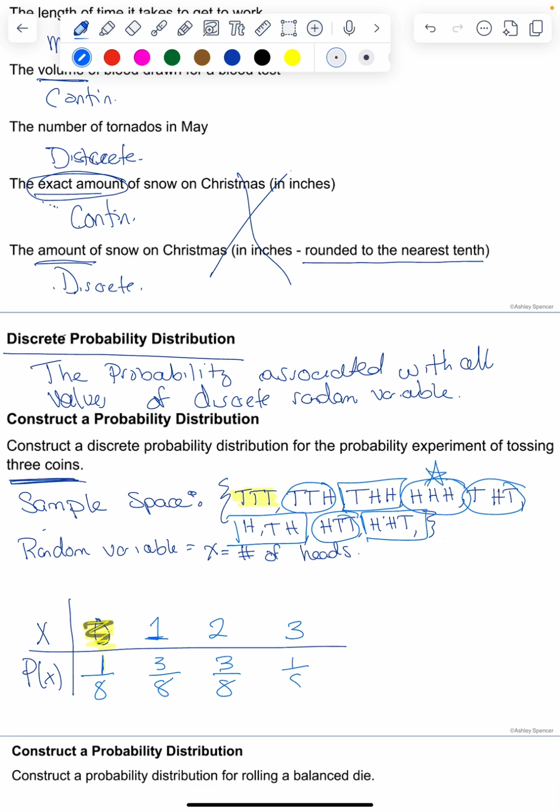That's that guy, 1 out of 8. So this right here is basically our probability distribution using the sample space and identifying this random variable x. Now, we are not performing this experiment, right? We're using the theoretical of what could possibly happen when we toss those 3 coins.